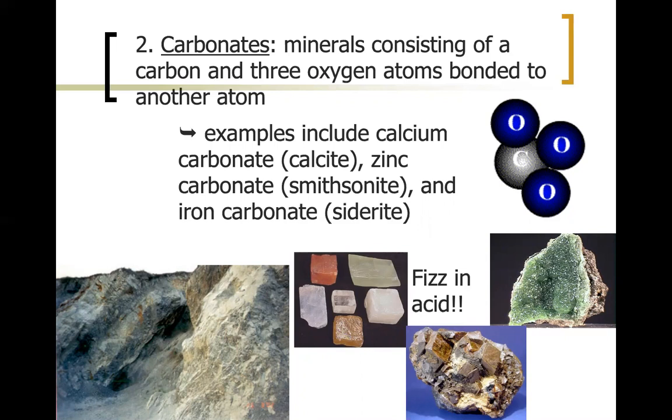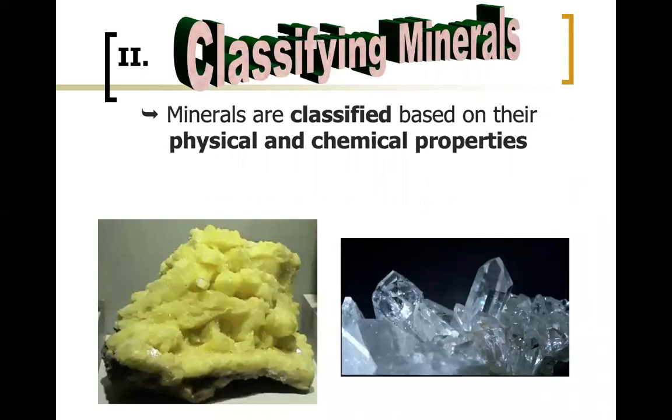And that will cause your mineral or your sample to start bubbling and fizzing. What happens is it's busting up the carbon and the oxygen and creating carbon dioxide gas. So it's kind of a cool little process. And we have a specific one called calcite that will do that, and I will show you that when we get to that part of the lab.